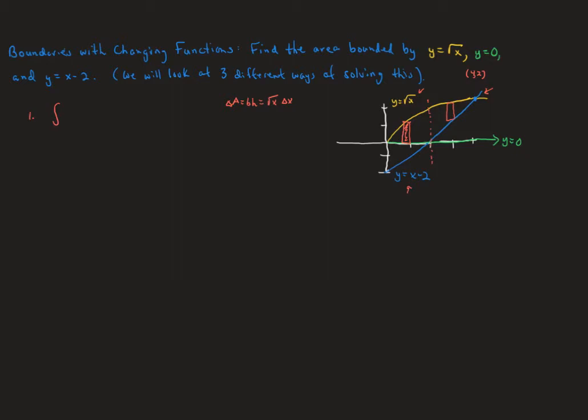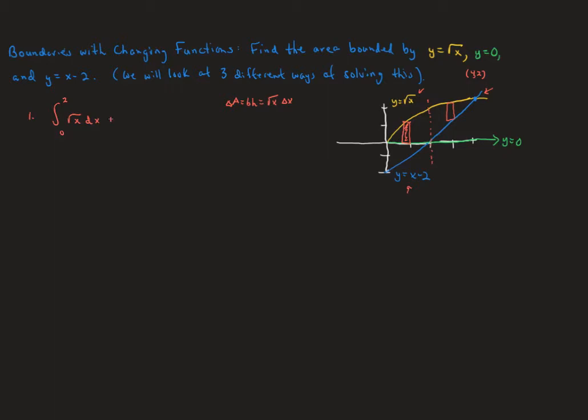So we'll add all those up. It's going to go to an integral as delta x goes to 0. It looks like the limits of our integral are from 0 to 2. So for that first region, between x equals 0 and x equals 2, we're going to integrate the square root of x dx.